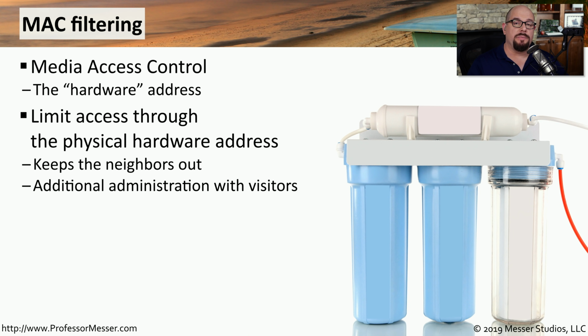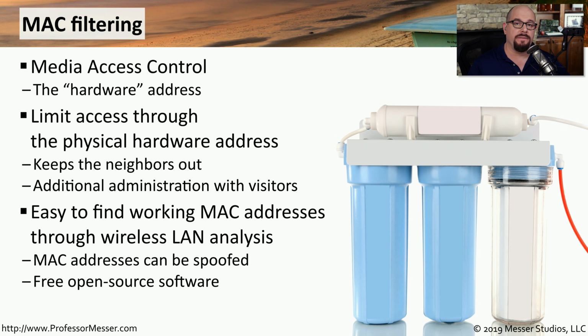This allows the network administrator to keep a list of allowed MAC addresses on this network. And if your particular MAC address is not in the list, then your device doesn't get any access to the network. This keeps neighbors out of the network and people who should not be on the network, but it does require additional administration. If there are visitors that need access to the network, then their MAC addresses will also need to be added to the MAC filtering list.